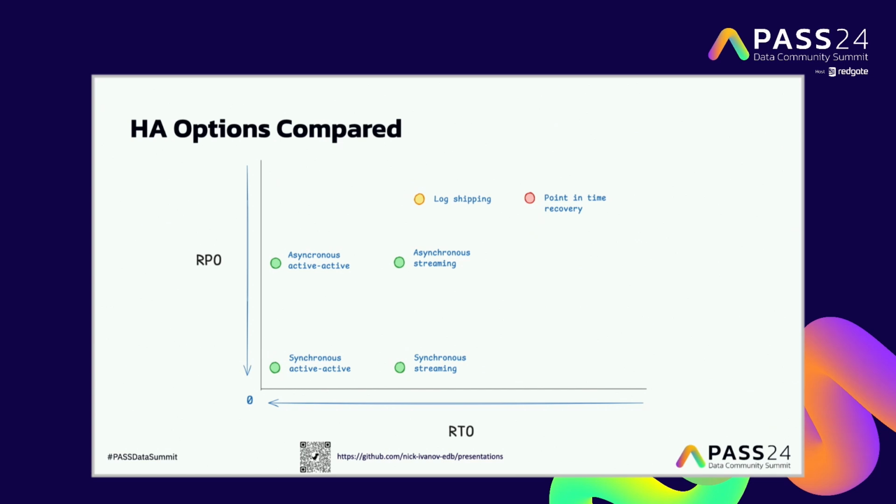With log shipping replication, you're getting close to your RTO target, but RPO is still high because it's essentially determined by the frequency of log archiving, which is almost always not acceptable for a highly available system.